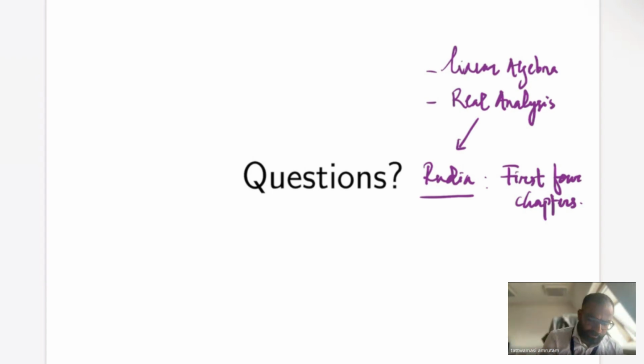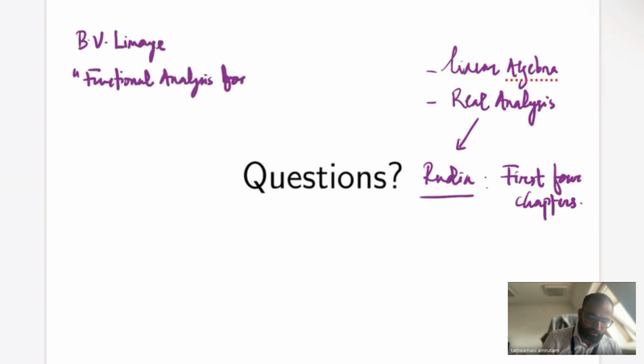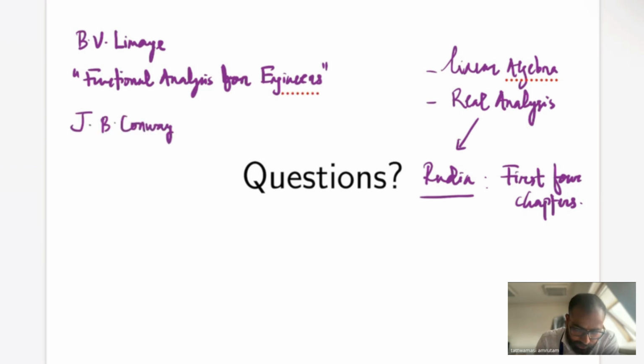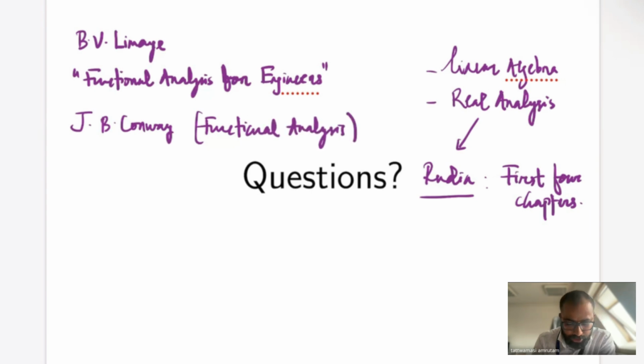I can recommend the book by Bhatia, or the book that I really like is by John Conway, Functional Analysis. Any of these 2 books should be very, very accessible.